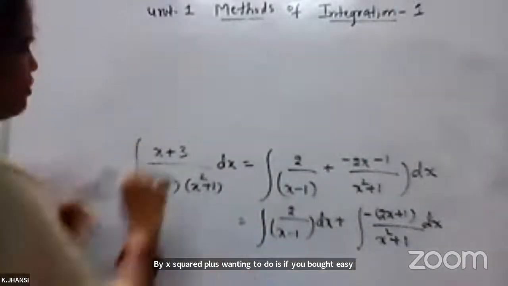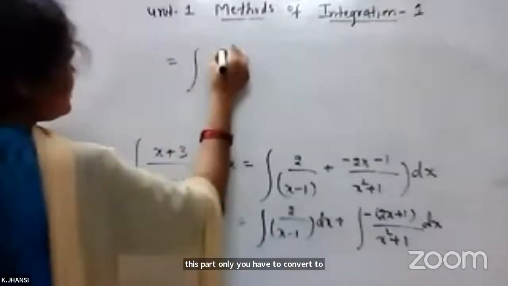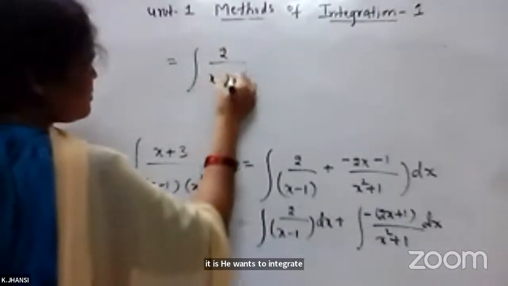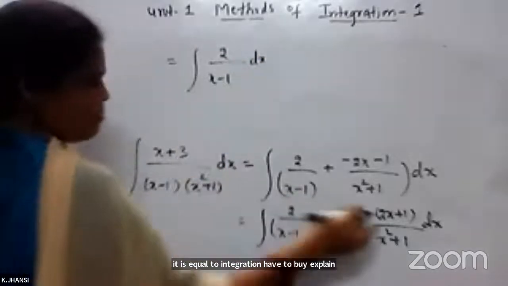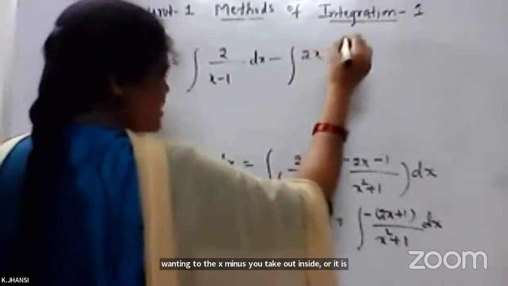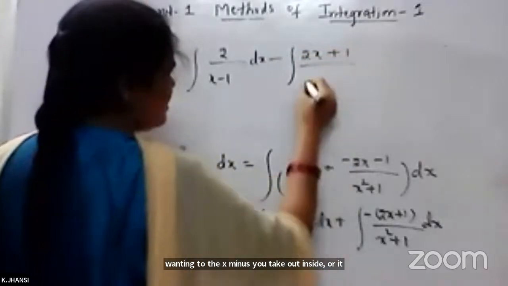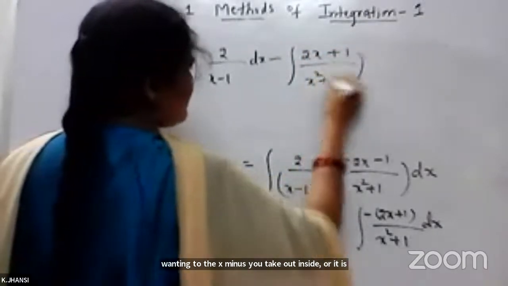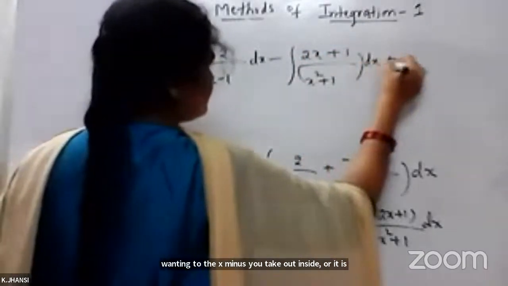So it is equals to integration of 2 by X minus 1 dx, minus you take out inside, so it is (2X plus 1) by X square plus 1 dx plus C. Okay.